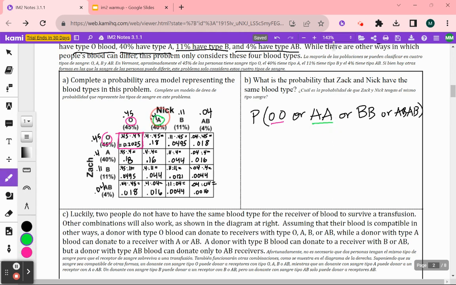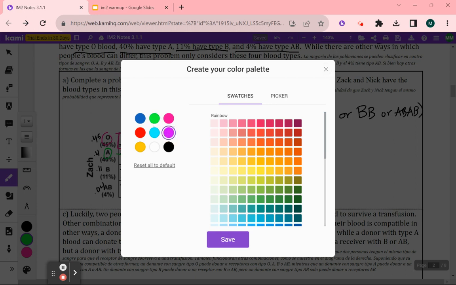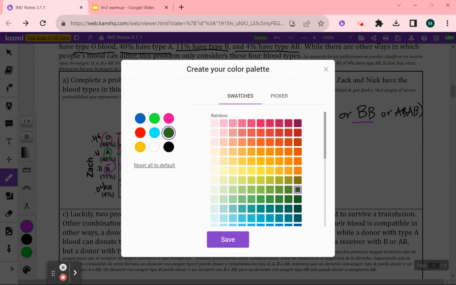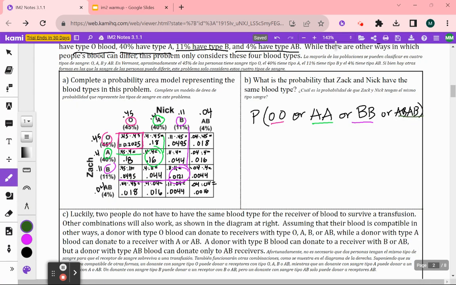AA is here. BB, that's right here. And AB, that's right here.